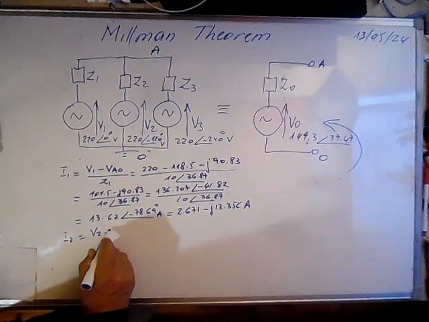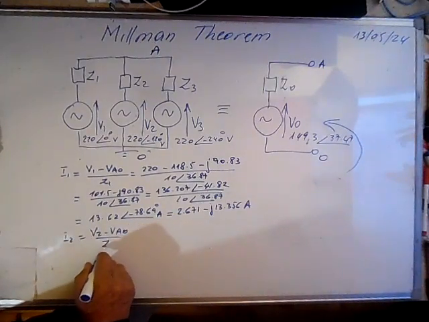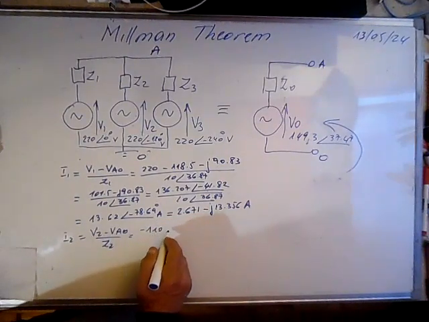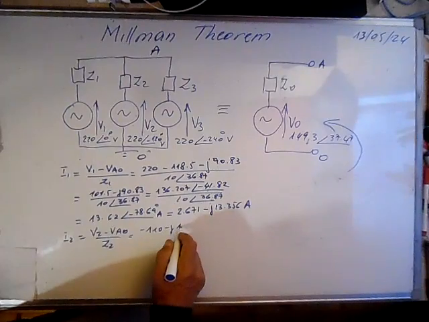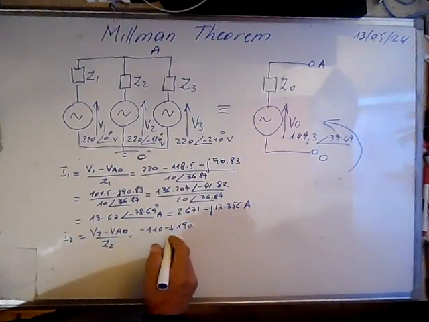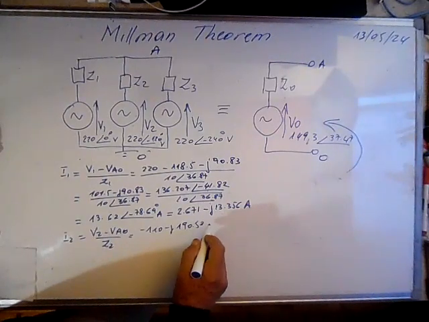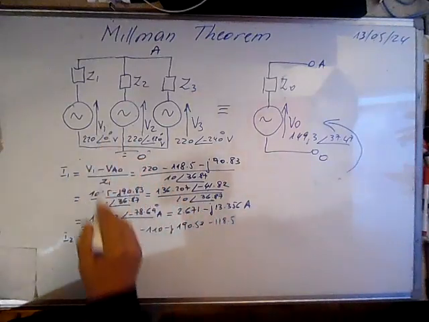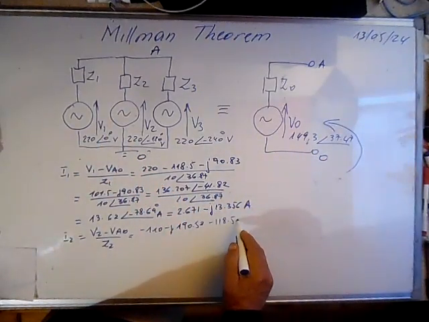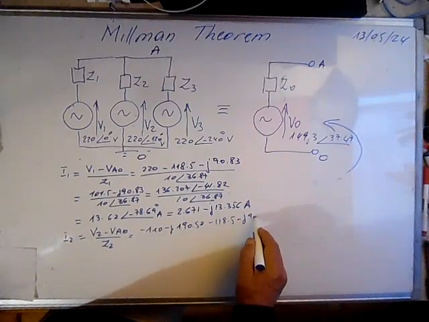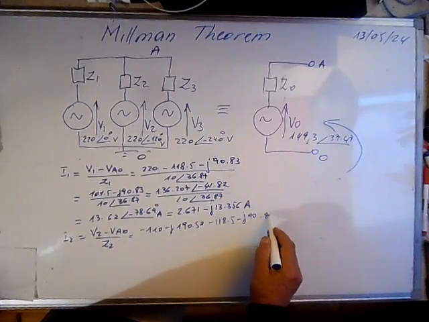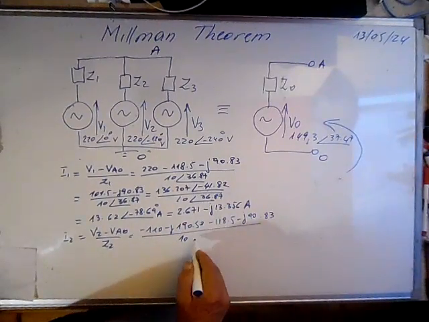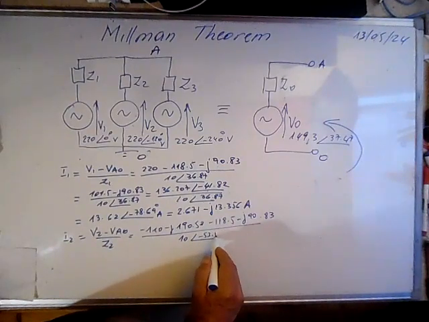Now we can go and calculate I2. I2 is V2 minus VA0 over Z2, and it will be equal to minus 110 minus j190.52 (this is V2) minus 118.5 plus j90.83 (VA0) over 10 at minus 53.13.